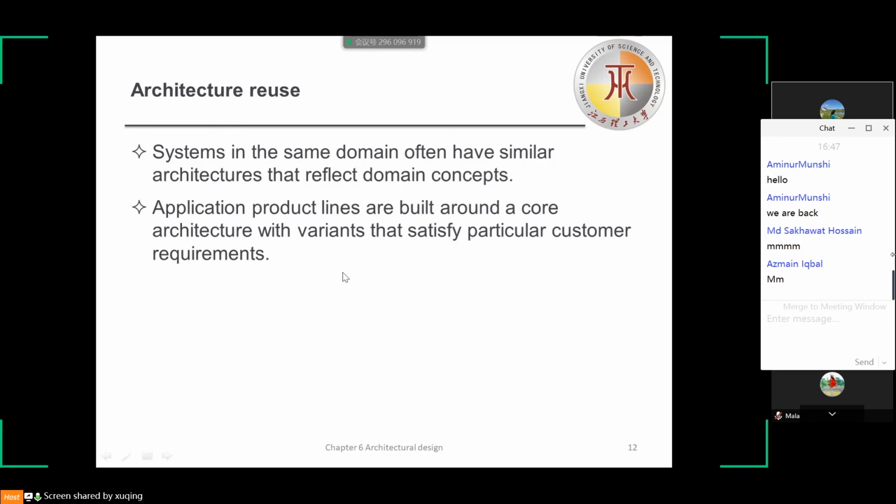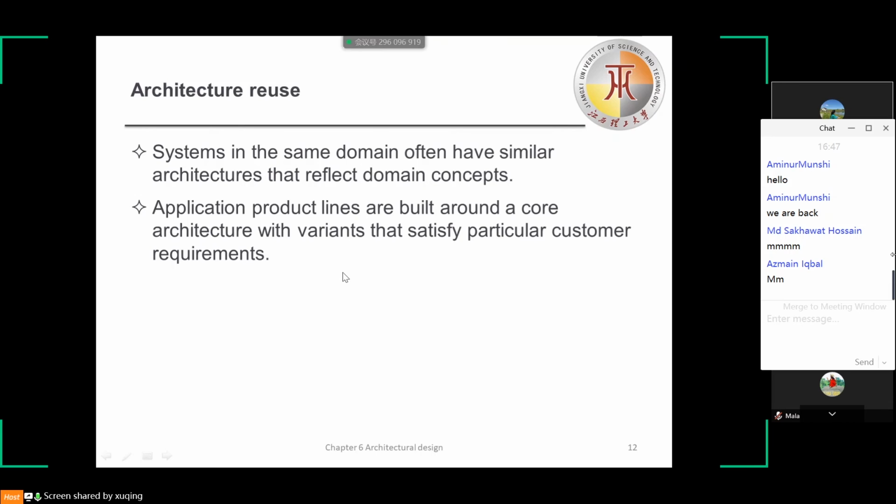For example, application product lines are applications built around a core architecture with variants that satisfy specific customer requirements. When we design our system architecture, we have to decide what our system and broader application classes have in common.